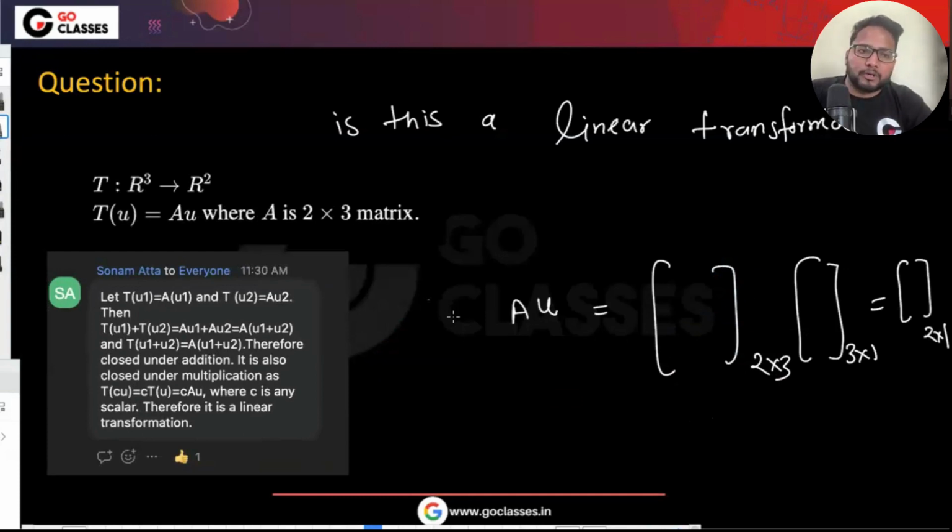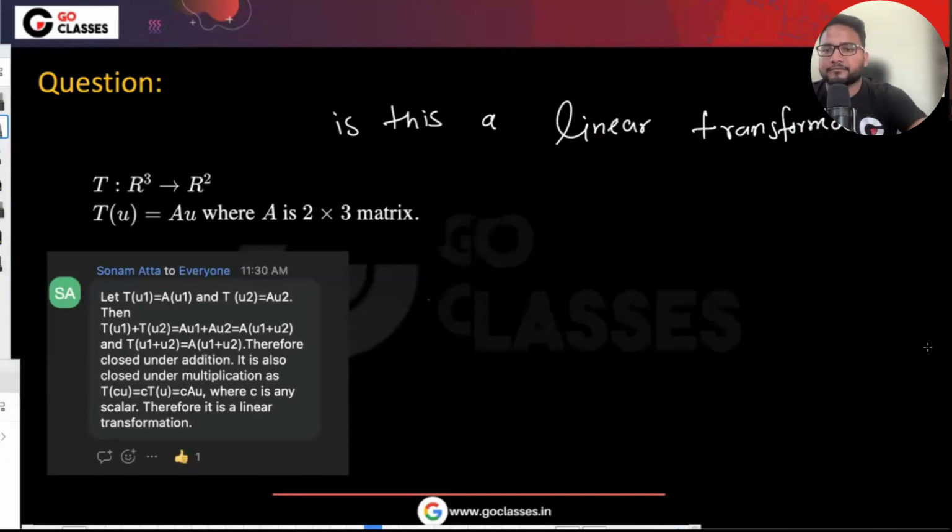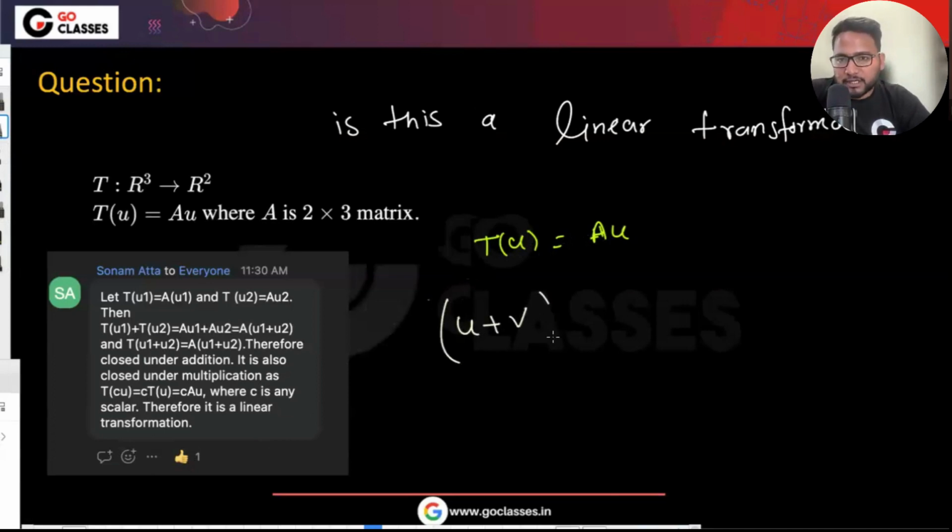Because you just check two properties, right? What are those two properties? Addition and scalar multiplication, right? So for example, this T of u is nothing but Au. If you take two vectors, let's suppose u and v, if you add them first and then take the transformation, it will be A times (u plus v), right?